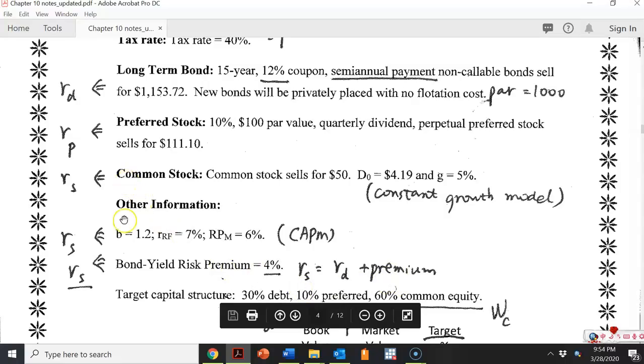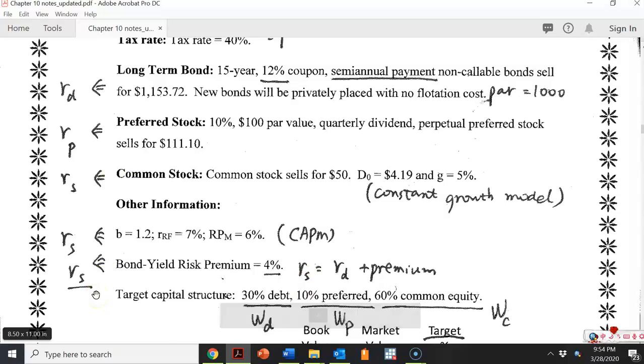So we have three ways of calculating the cost of common equity: the constant growth model, the CAPM model, or the bond return plus the bond yield risk premium.